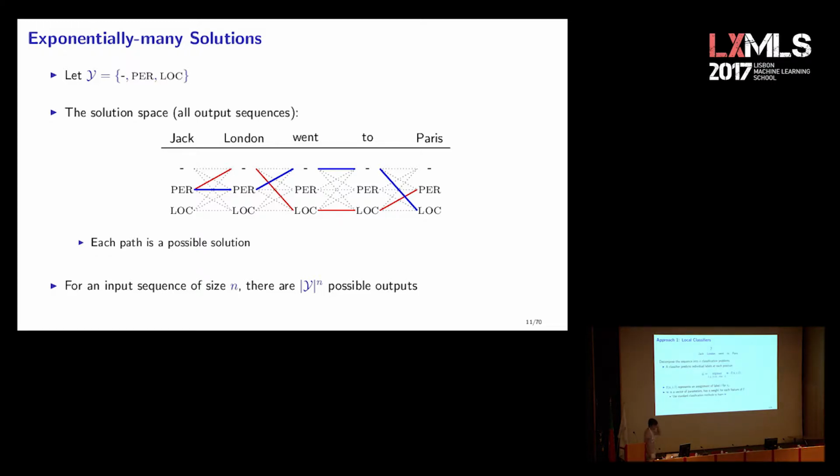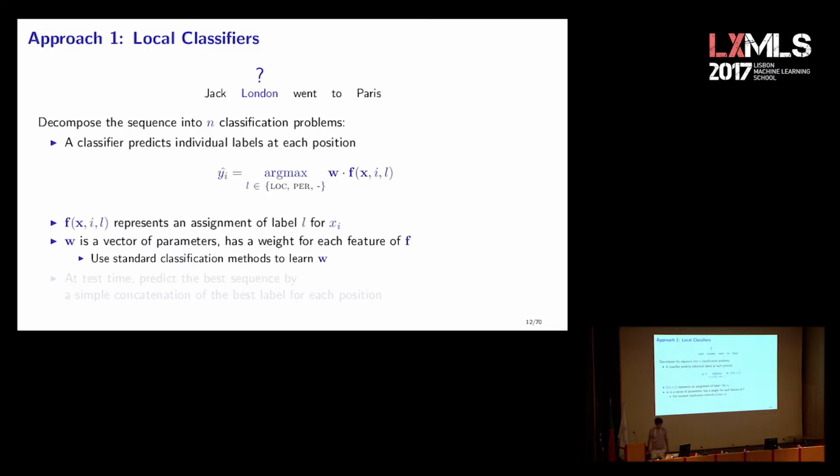So the first solution is the one that ignores that these are sequences and just says that these are multi-class problems, okay? So let's start there. I'm going to call these local classifiers, where by local, I mean that at a certain time, I look at just one position, and I ask what is the tag there, okay?